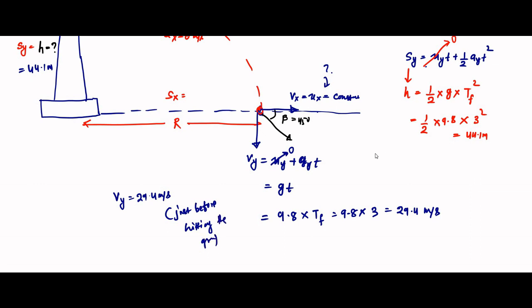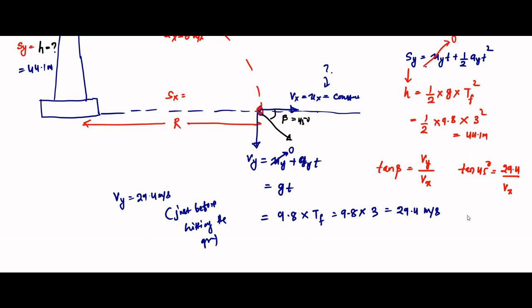So here, if you see, tan beta is equal to Vy by Vx. That implies tan 45 degree, it is given here, is equal to 29.4 by Vx, which is unknown, we have to calculate it.